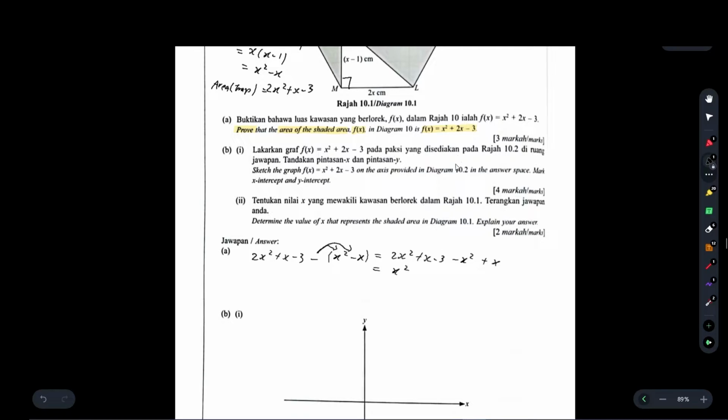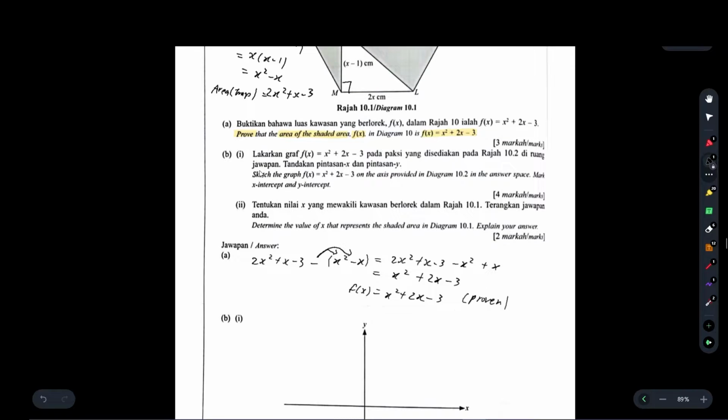Then we simplify it and see whether it's the same as the answer given above. 2s squared minus s squared, we have s squared, and then 2s, and then minus 3. So it's proven. f(s) equals s squared plus 2s minus 3 is proven.